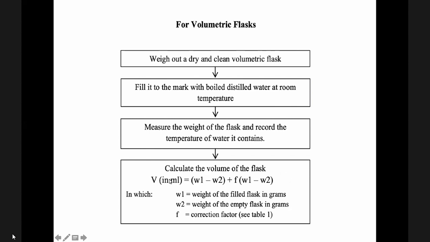So volume in ml is equal to the weight of the filled flask, atong may water na bala, minus the weight of the empty flask in grams, times the correction factor. May table na, I just give you the table. So that's how to calibrate a volumetric flask.